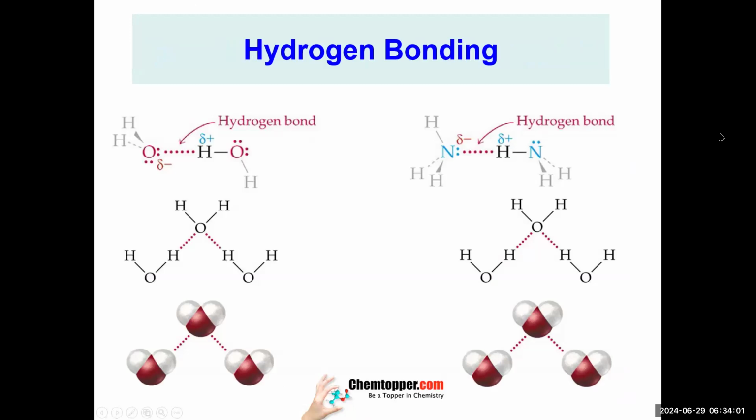Are we clear about these hydrogen bonds? This one, the delta minus of the oxygen of the water is attracted to the hydrogen of the other water molecule. And due to these hydrogen bonds, there is extensive hydrogen bonding in ice.